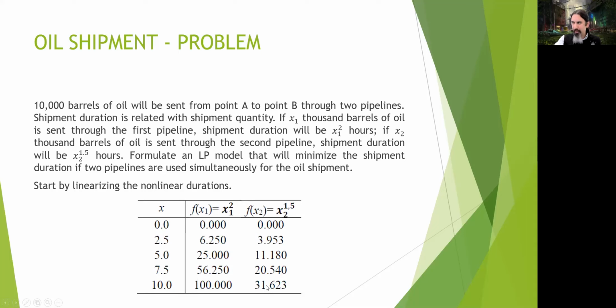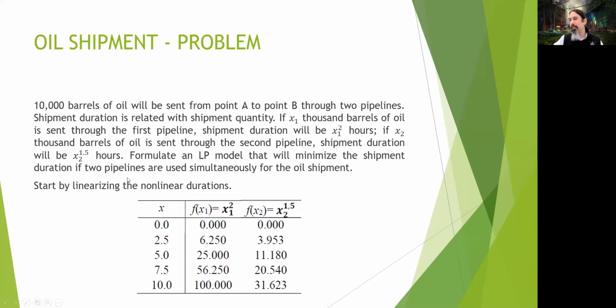Now I'm trying to find the best way of doing this by minimizing the maximum time I'm spending. This is a minimization problem of the maximized value. So what I'm trying to do is find the best value to send to the first pipeline, which will define the value that I will send to the second pipeline, which will give me a maximum hour.